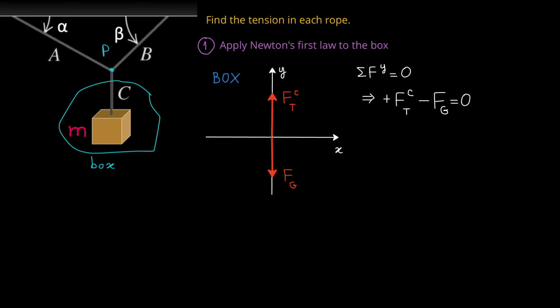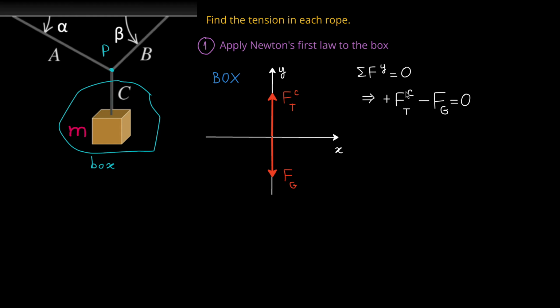In the next line, I'm going to substitute m times g for Fg because by definition, the gravitational force acting on an object is equal to the object's mass times the gravitational acceleration, lowercase g. So that's the magnitude of Fg. And note that in an equation like this, all these variables are placeholders for magnitude.